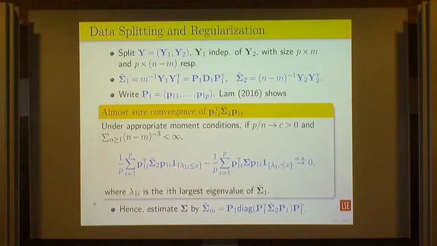This quadratic form is asymptotically correctly estimated, where sigma 2 tilde can be replaced by sigma asymptotically. So this is the idea, and we use this idea to form a covariance matrix like this.